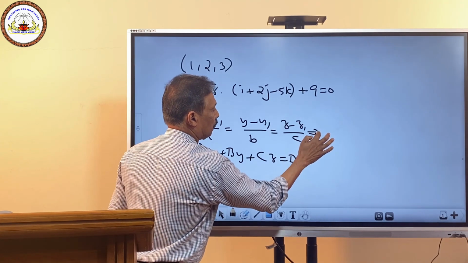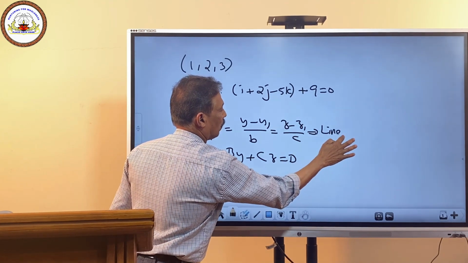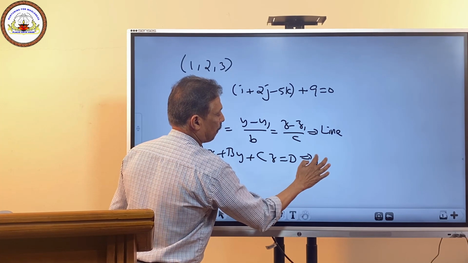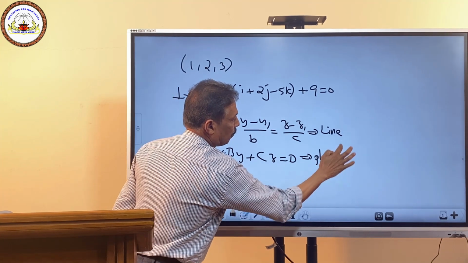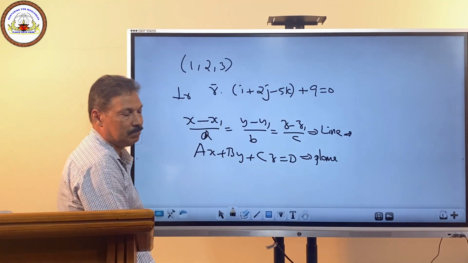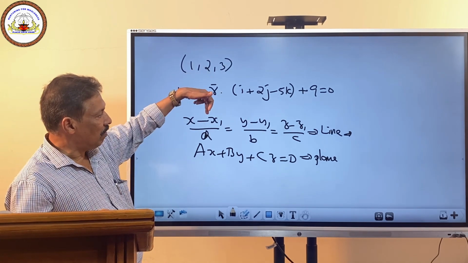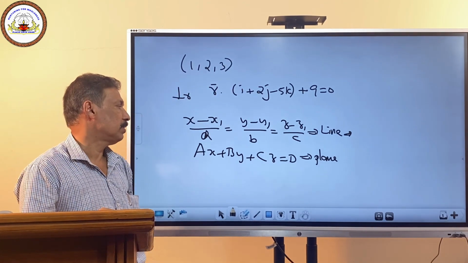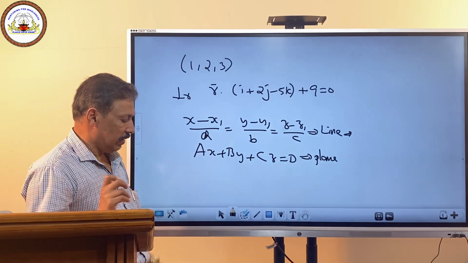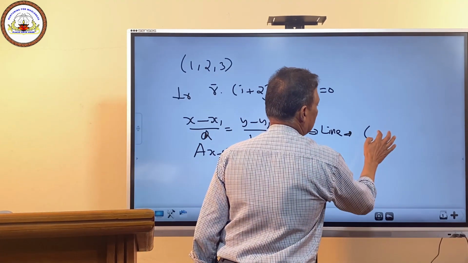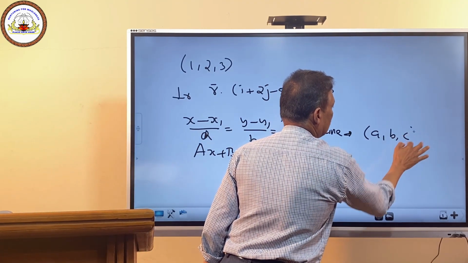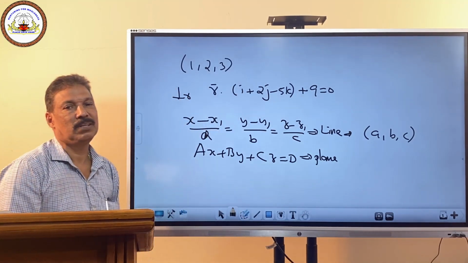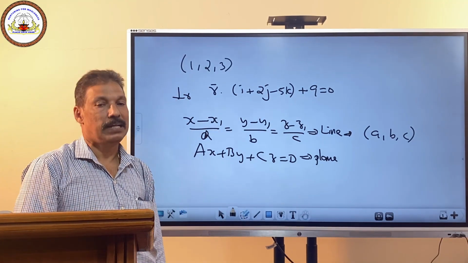This is a line, this is a plane. Then the first important point, in the case of the line we have one point (x1, y1, z1), that's a point. But the vector is (a, b, c), that's the direction ratios of the line, simply a vector parallel to the line.